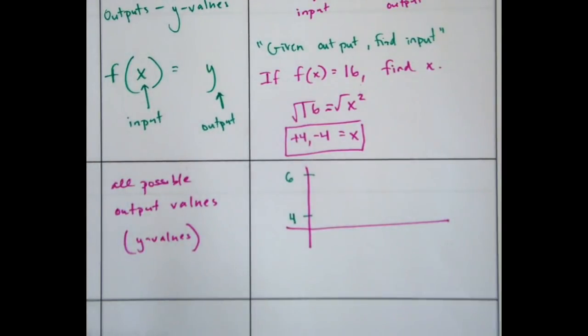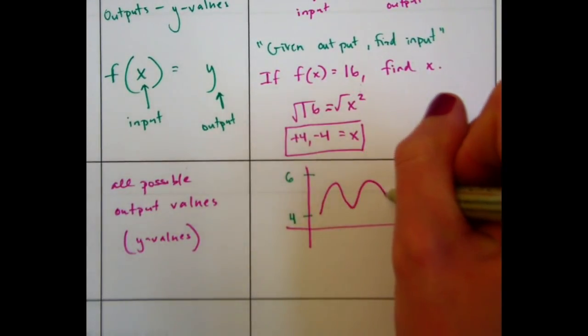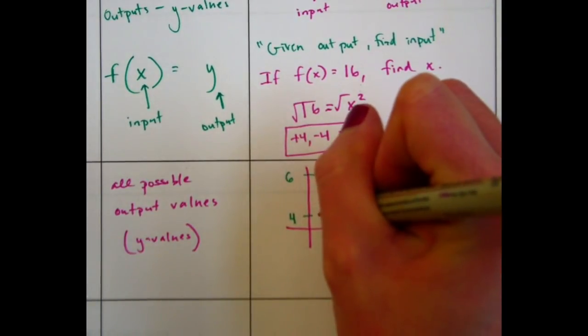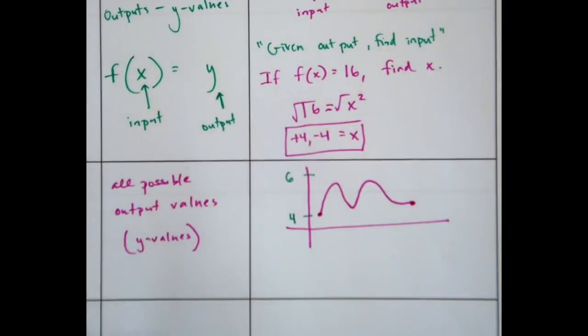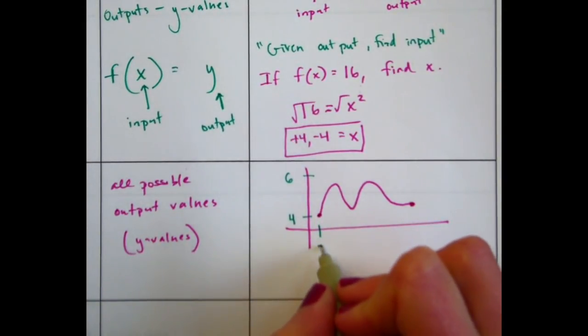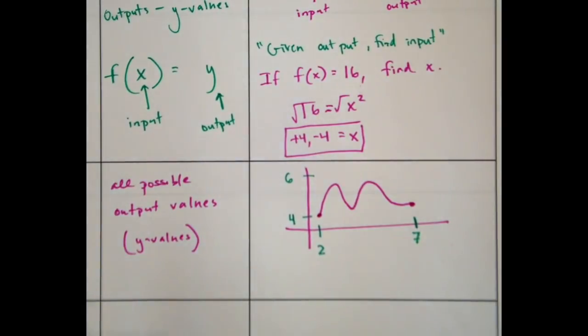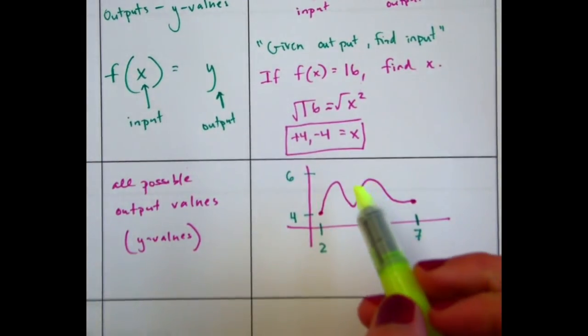And then my function looks something like, starts here and ends here. The x values are 2 and 7. For range, what I care about is the possible y values that this function exists between.